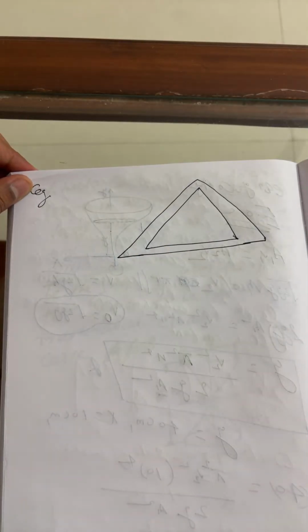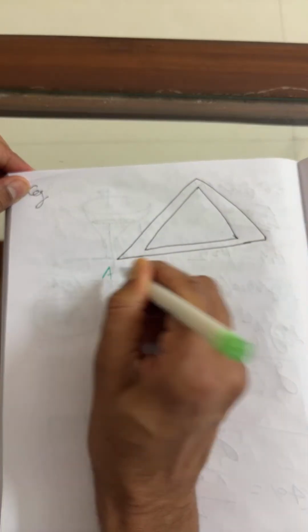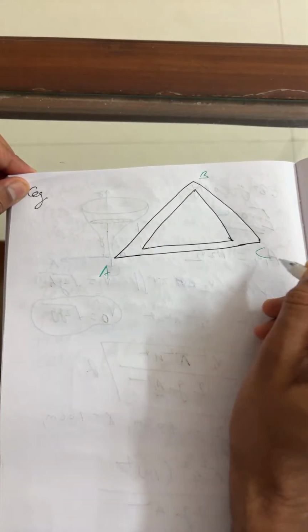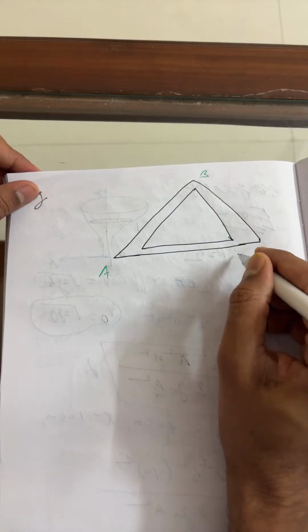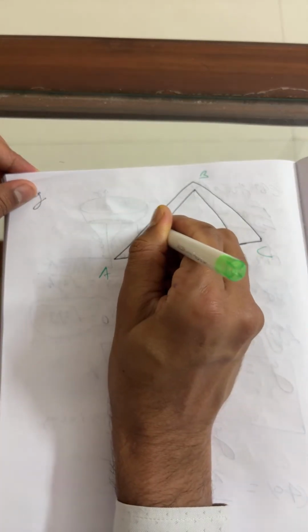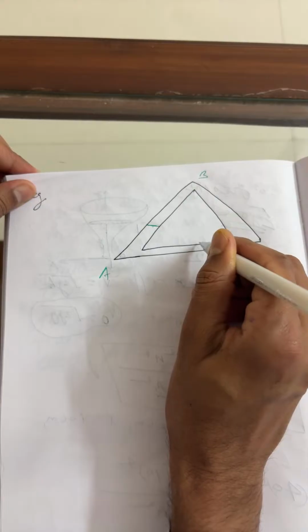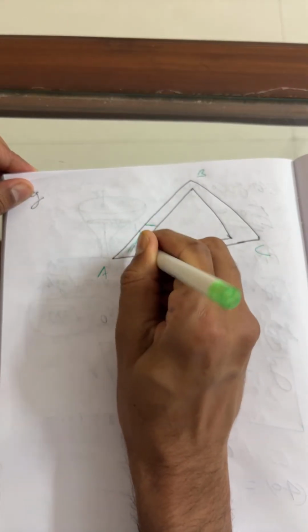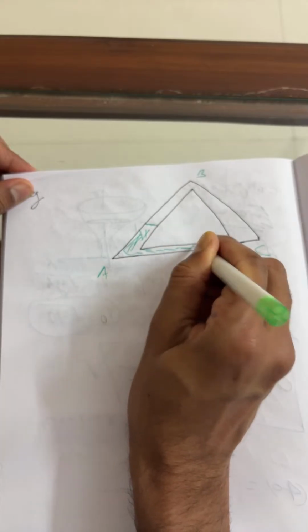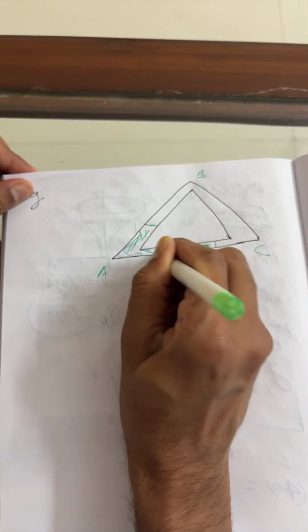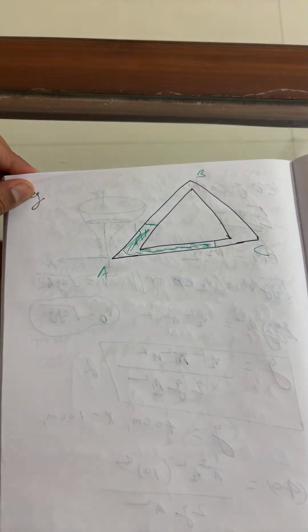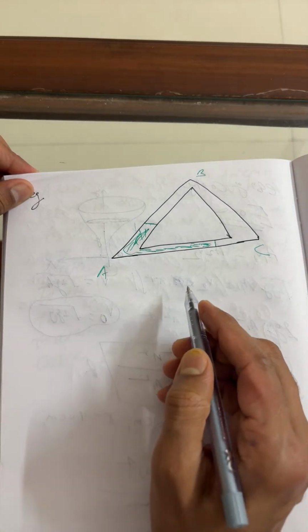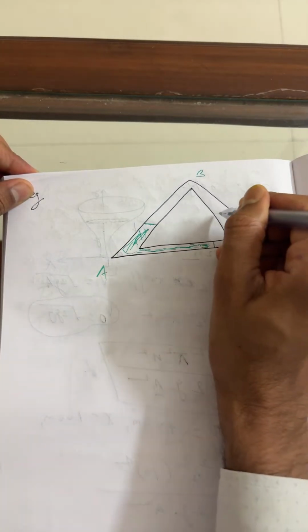I'll use three different color paints. A, B, C. There are three liquids here. Let us suppose this is green from here to here. Just tell me the answer, yes or no. Did you solve this question or not?